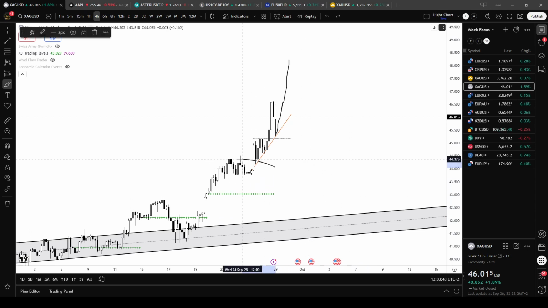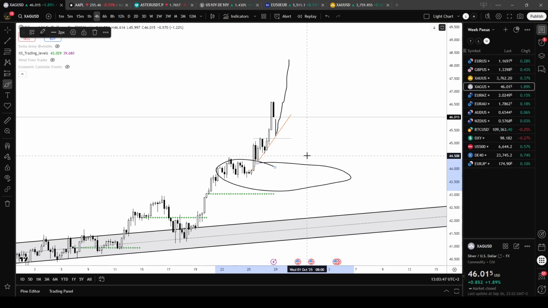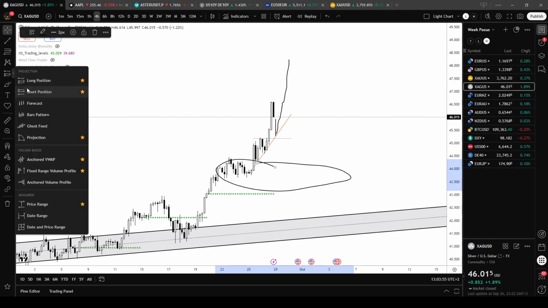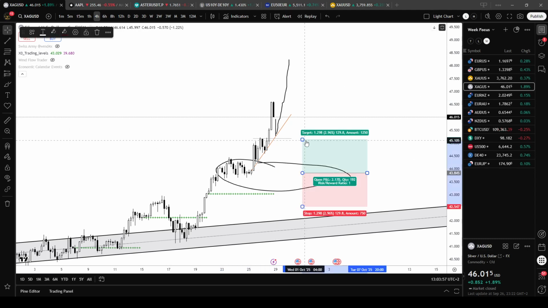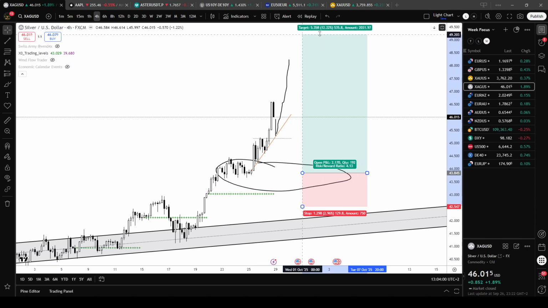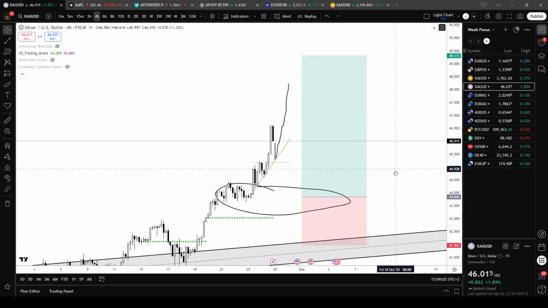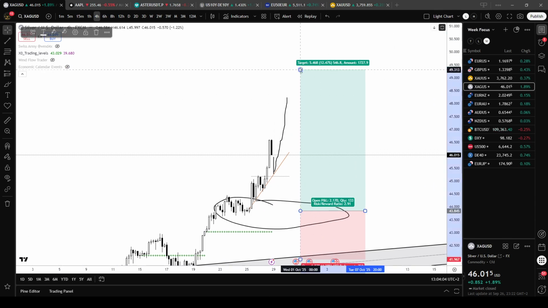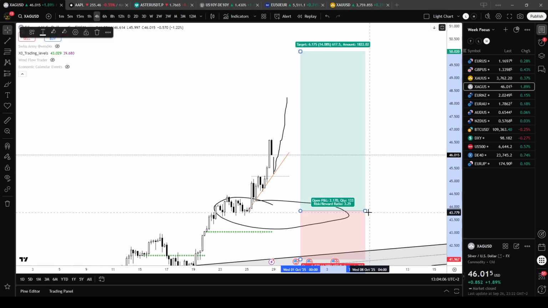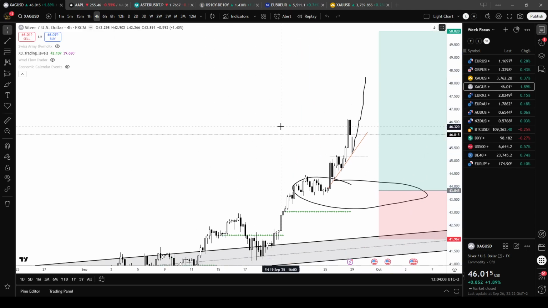I think maybe around this area here, you wanna sort of blindly bid this area for what would be a huge swing position, and you're gonna trade it into the 50 level. Don't be a pussy, okay?